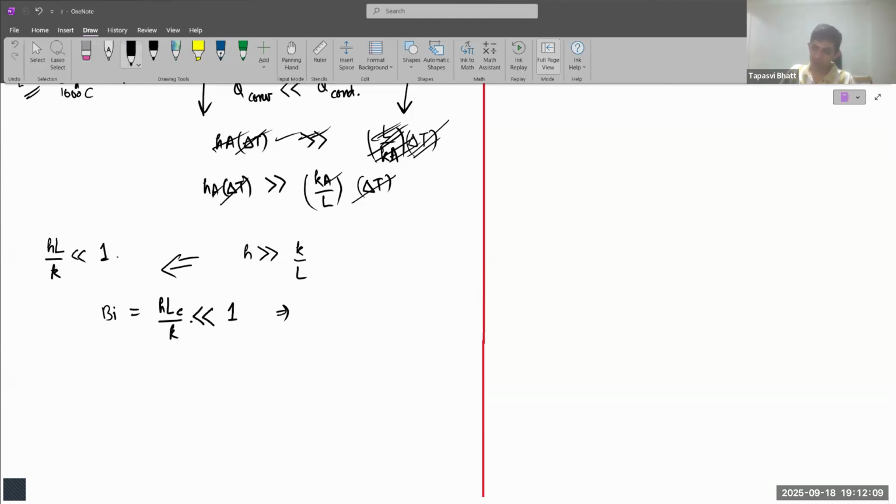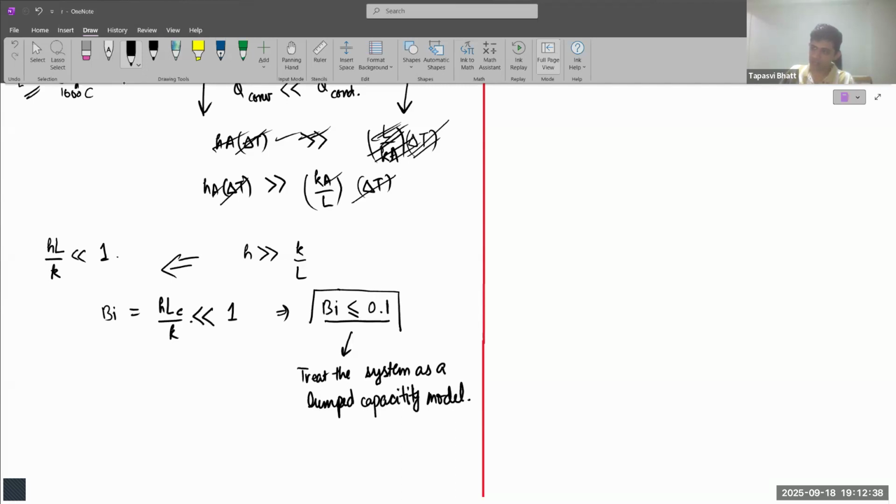Or in quantifiable terms, people talk about the Biot number, if it is less than or equal to 0.1, then we can treat the system as a lumped capacity model. This is all what you have to remember.